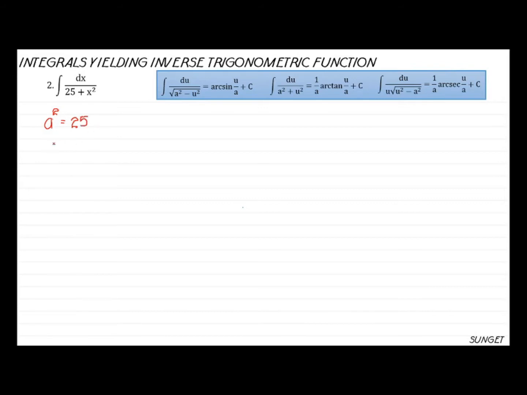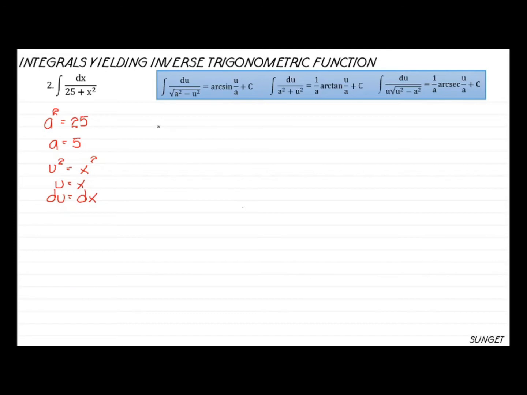Getting the square root of both sides, a is equal to 5. And u squared is equal to x squared. Getting the square root of both sides, u is equal to x. Differentiate, so du is equal to dx.